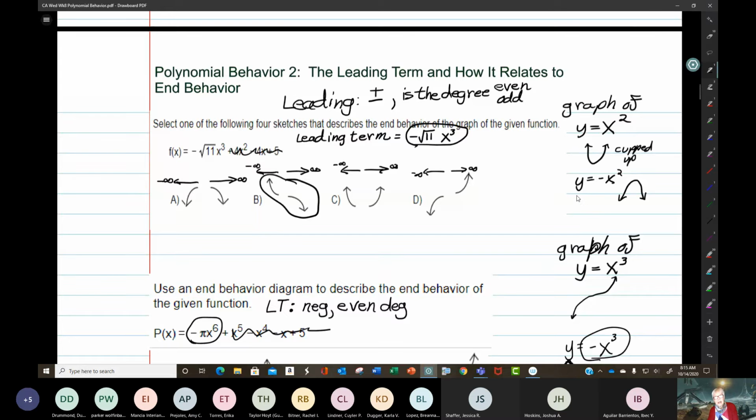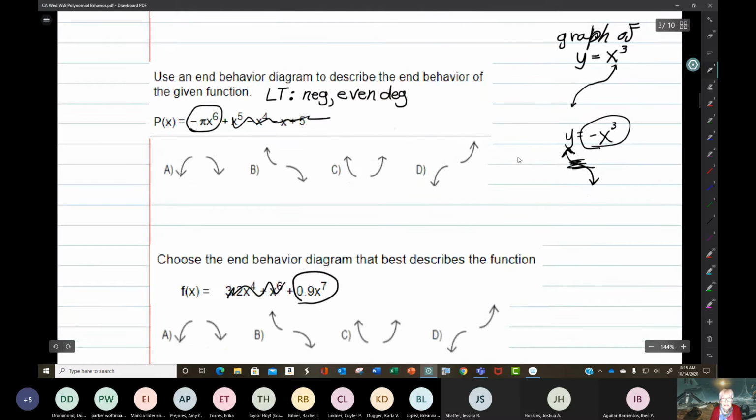Y equals negative x squared, not in the middle maybe, but out at the ends. It's going to go down on the left and down on the right. And this is all I need to know about the leading term. So I would choose A. Notice the middle is blank because we're not talking about the part of the graph in the middle. We're talking about at the ends.